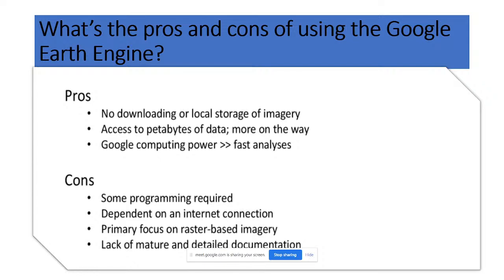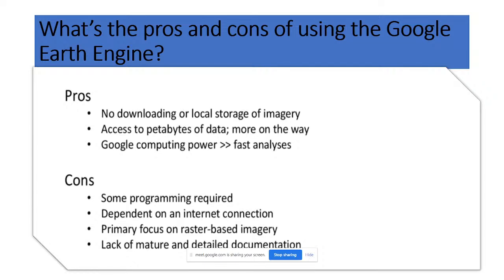It also has some disadvantages. The disadvantage is that you need some programming knowledge. But in this online training program, I will try to teach you all of the programming you need to learn the Google Earth Engine platform for remote sensing analysis. It also depends on your internet connection. If your internet connection is very good, then you can easily get the result.